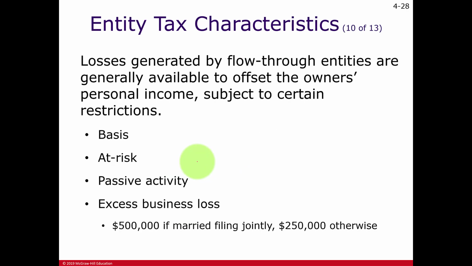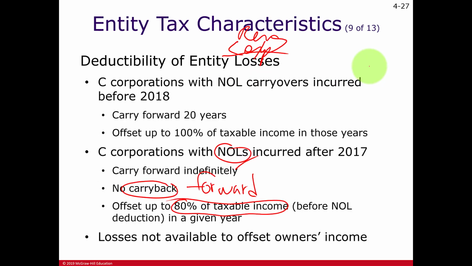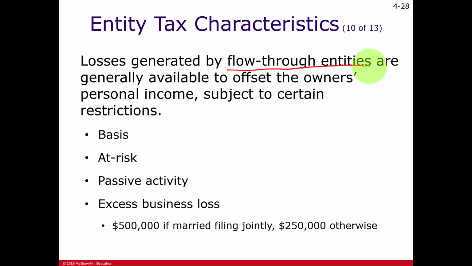We have losses again, but this time it's for flow-through entities. Yeah, this previous page was for C corporations, taxable entities. In the case of flow-through entities, the loss would flow through to the owners, to the partners, to the S corporation shareholders.